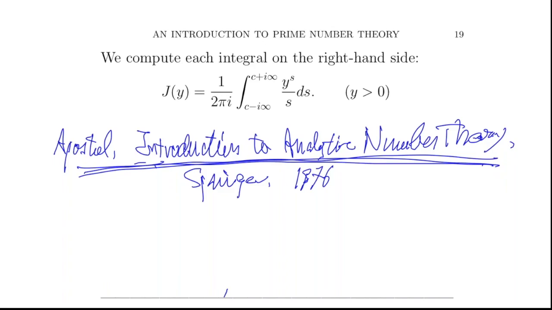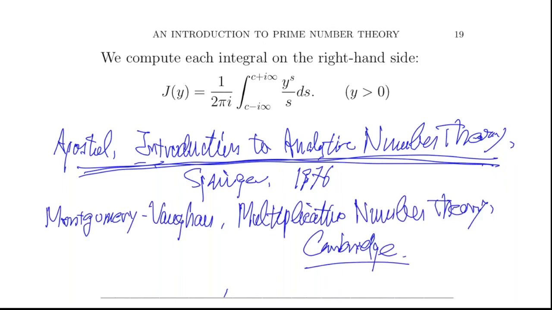This is a more advanced textbook, maybe suitable for graduate students of analytic number theory. But if you are brave enough, you can attack this book. Probably these two books are standard, I think.